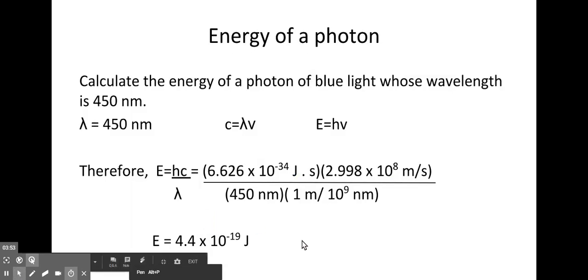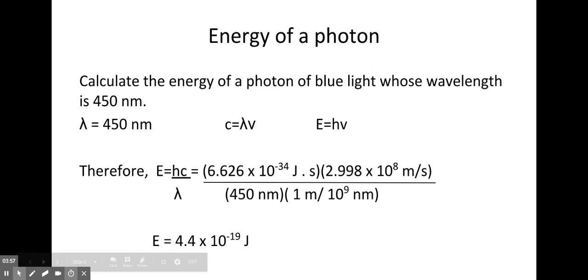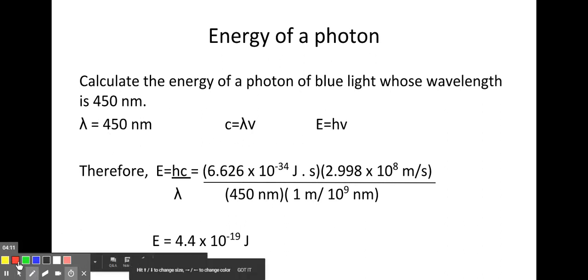Okay. Another type of equation that you may have to solve is for energy. Here we're given this question: calculate the energy of a photon of blue light whose wavelength is 450 nanometers. So we're given 450 nanometers, and we want to calculate energy. Energy is equal to Planck's constant times frequency, but we're not given frequency.